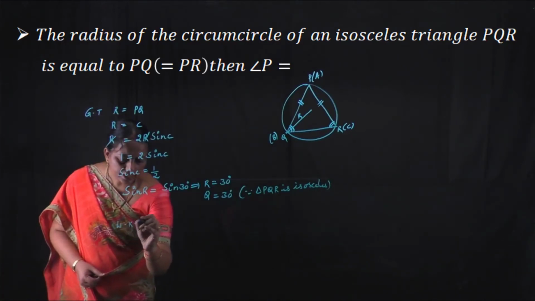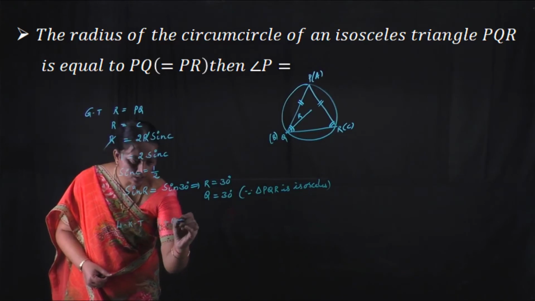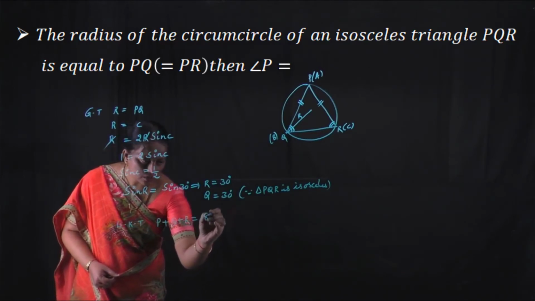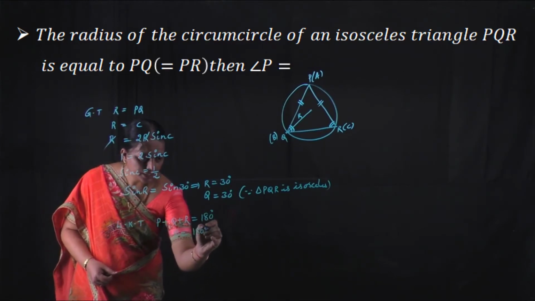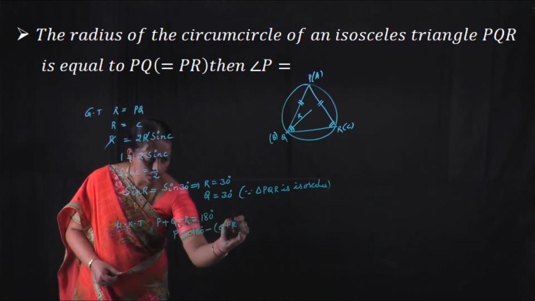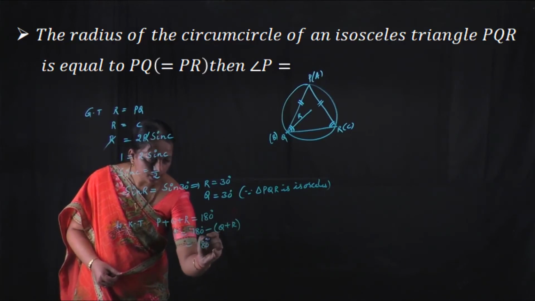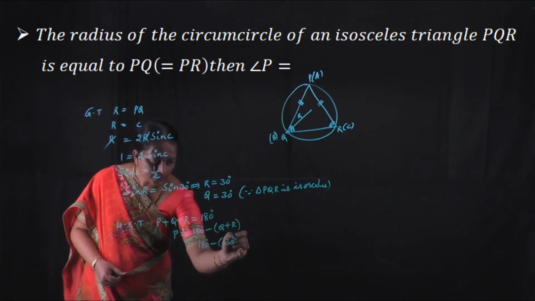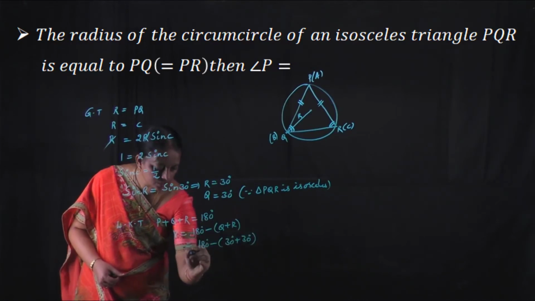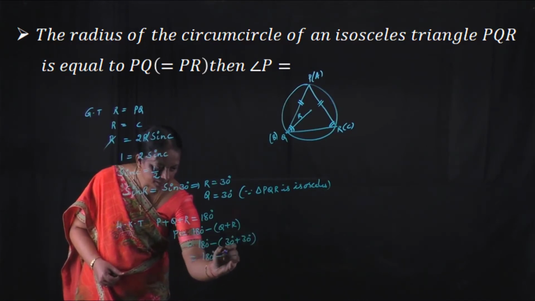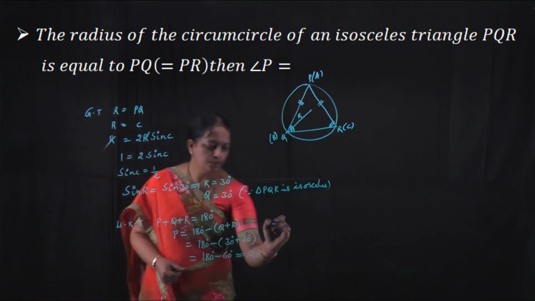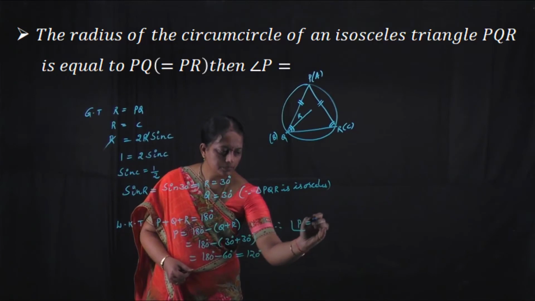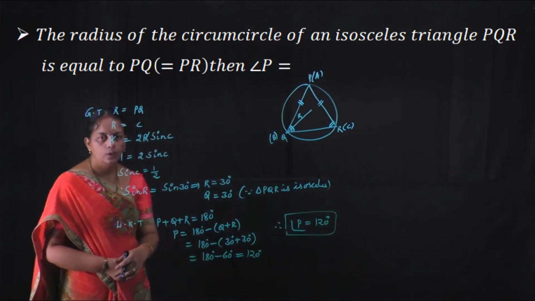So angle P plus angle Q plus angle R is equal to 180. Angle P equals 180 minus (Q plus R), which is 180 minus (30 plus 30), which is 180 minus 60, equal to 120. Therefore, angle P is equal to 120 degrees.